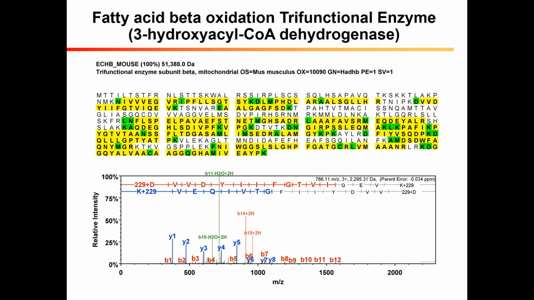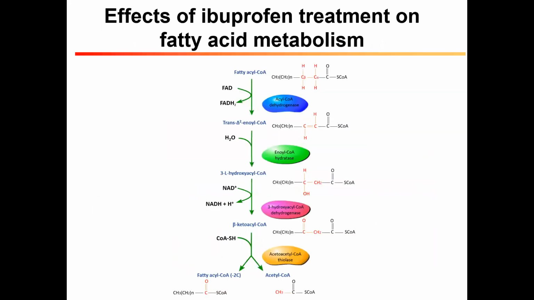We typically get about 50% or more of a protein sequenced, so we know it's that protein, and we're really confident about it. The colored, like the green, is where they have the modifications from the links that we put from the TMT tags. Now, this is fatty acid oxidation. It involves multiple steps, and they have multiple enzymes.